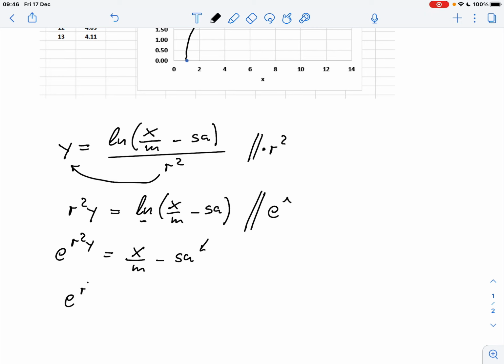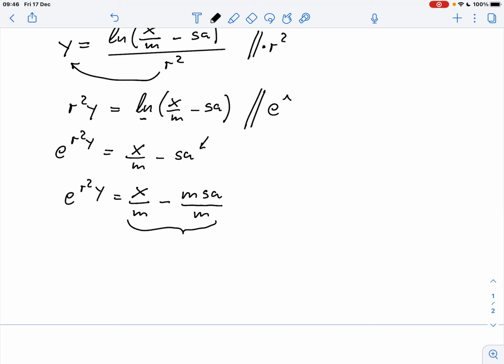So I get e to the power of r squared y equals x over m minus msa divided by m. And now I can put that on the same fraction, so that would be x minus msa divided by m.